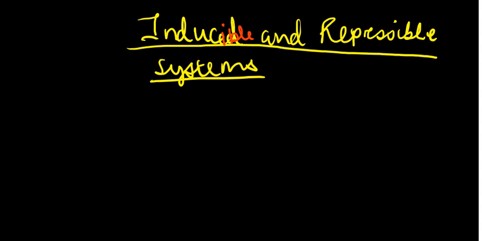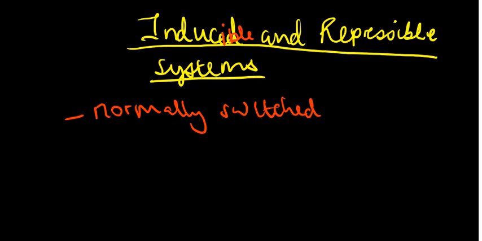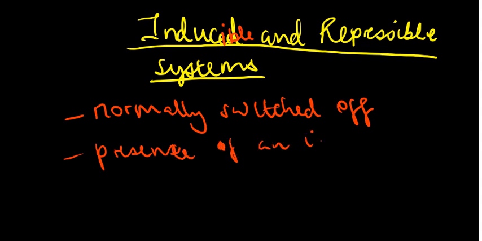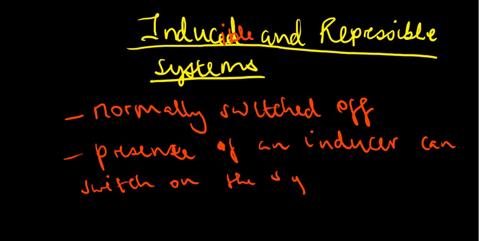So the key thing you note here is that it is normally switched off, except in the presence of an inducer molecule that switches the system on. So the presence of an inducer can switch on the system.